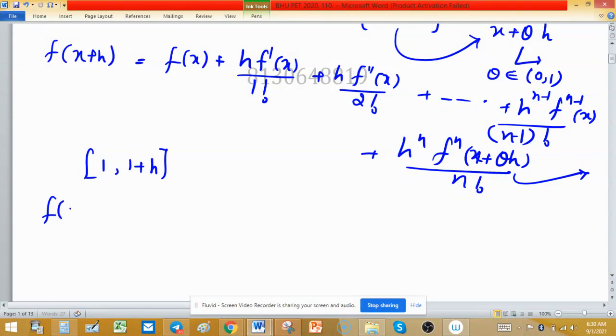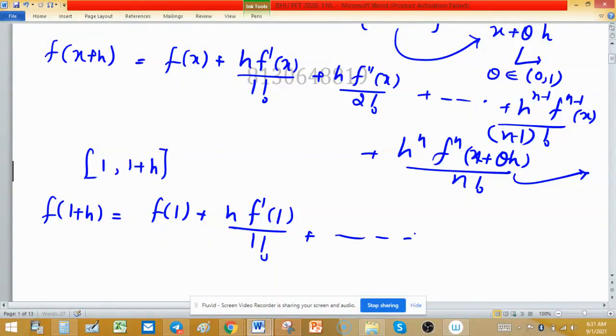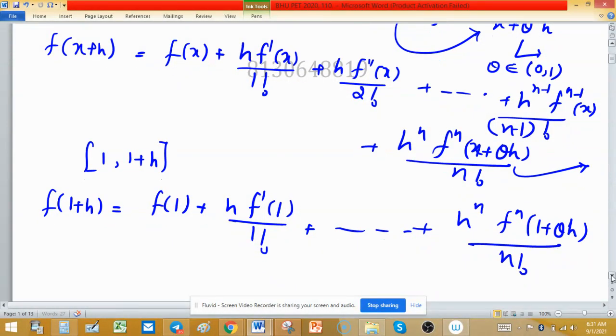From this I can write f(1+h) equal to f(1) plus h f'(1)/1! plus, and so on up to h^n f^(n)(1+θh)/n!.